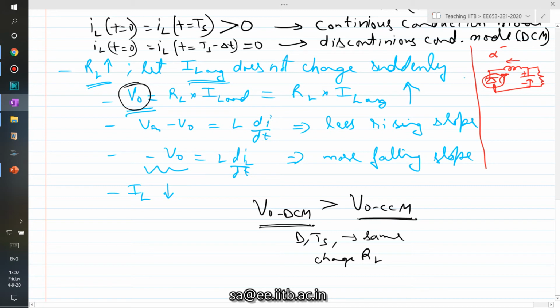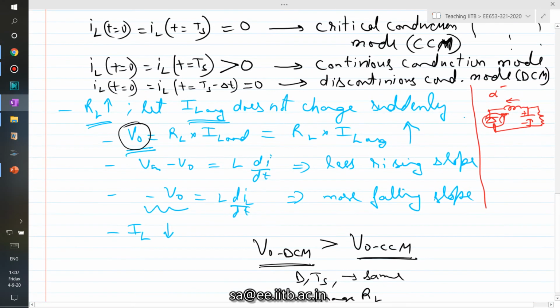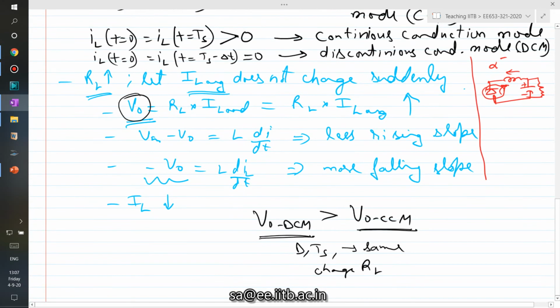So as you increase the load resistance, as you move from continuous to discontinuous mode, as long as you are in continuous mode, your output voltage is constant in an ideal scenario and given by D times V in. As soon as you move into discontinuous conduction mode, your output voltage becomes more than what it was in continuous conduction mode, and it is no longer equal to D times V in, right?